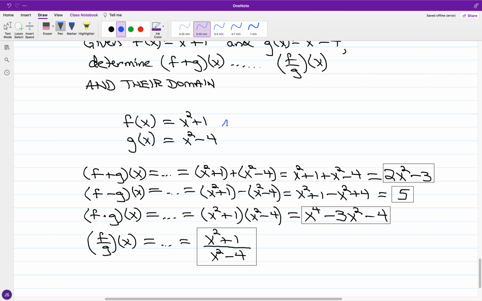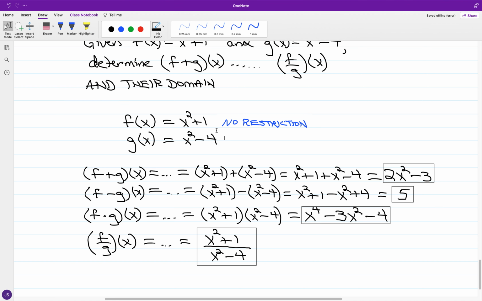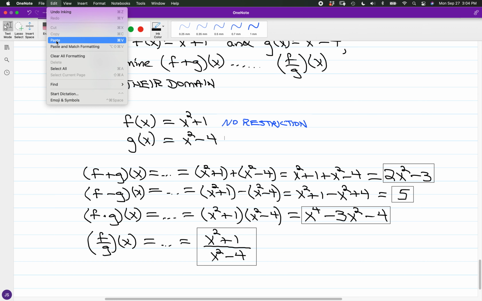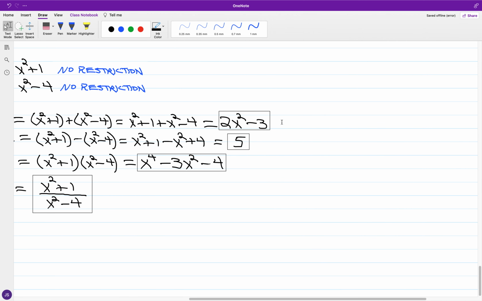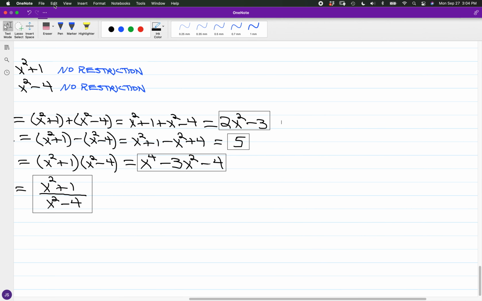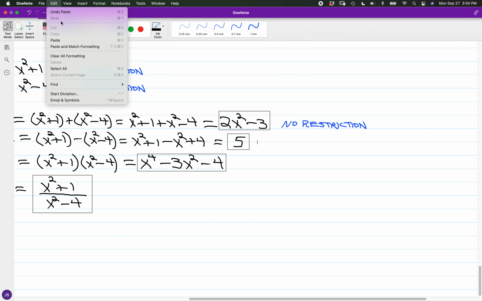So you have a bit of history repeating: since you don't have restrictions for f of x or g of x, this will carry forward to the sum, difference, and product functions. So f of x and g of x each have no restriction, and this will roll over again to the sum, difference, and product functions.